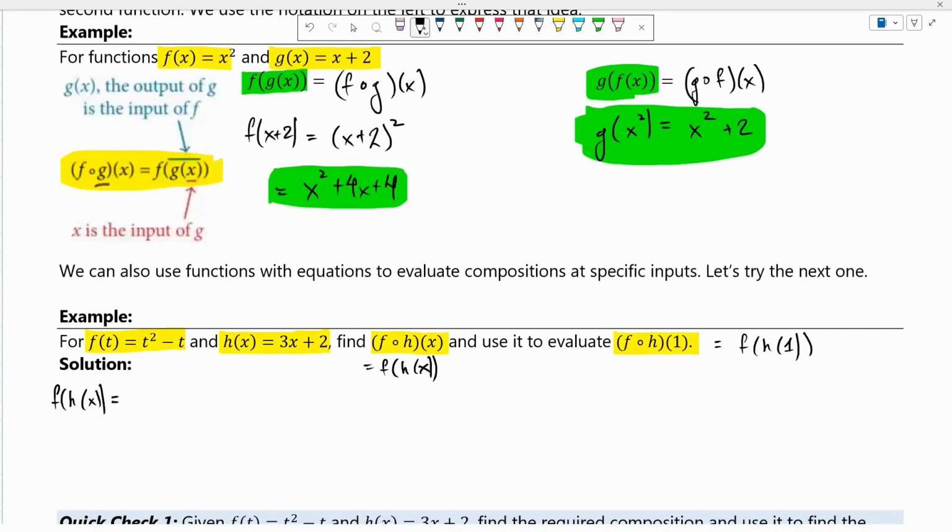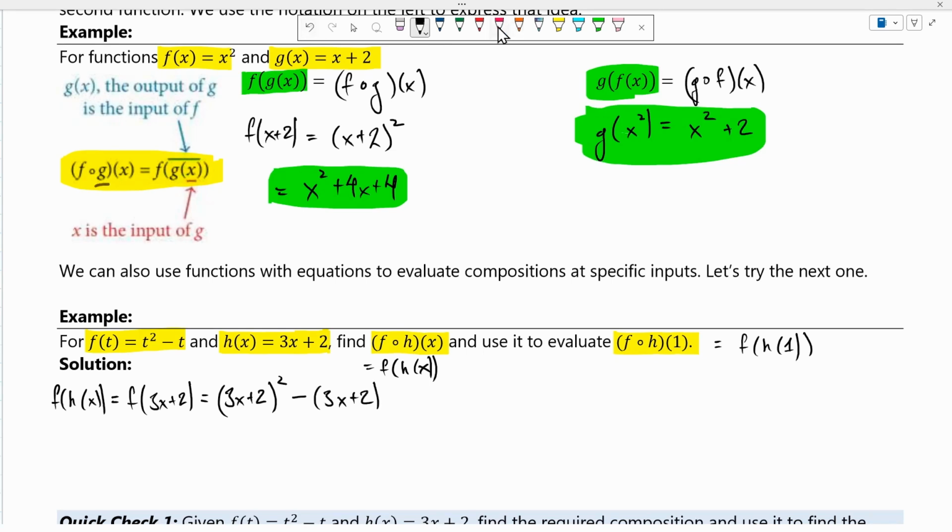That's going to be f of 3x plus 2, because h of x is the 3x plus 2. So here we go: (3x plus 2) squared minus (3x plus 2).